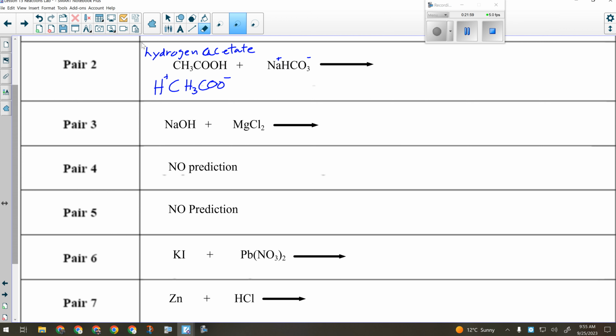Hydrogen carbonate is negative. It's with sodium, right? Hydrogen is the metal here. That's why I wrote it like this. I get it now. Swap the metals, and you know who goes with who on the other side.